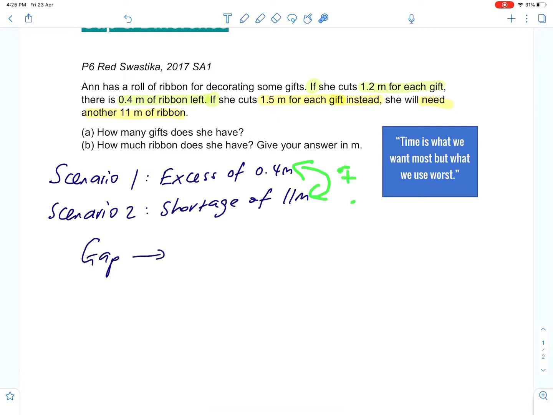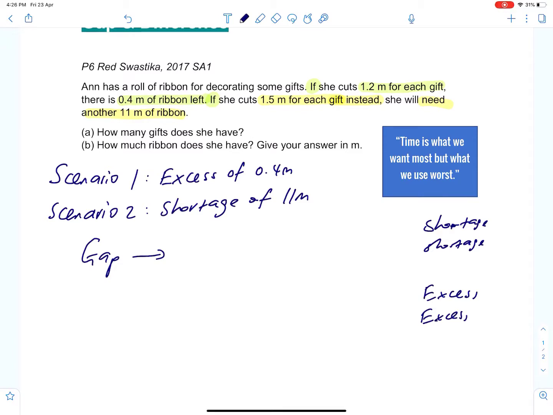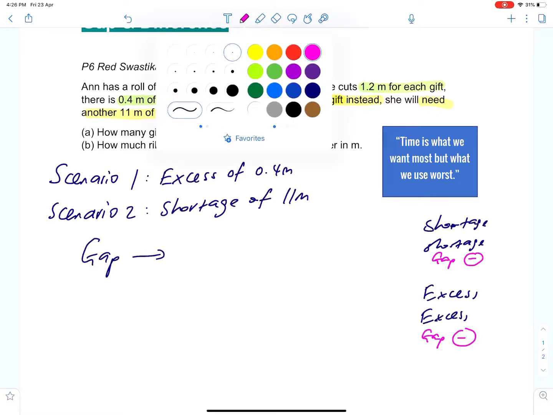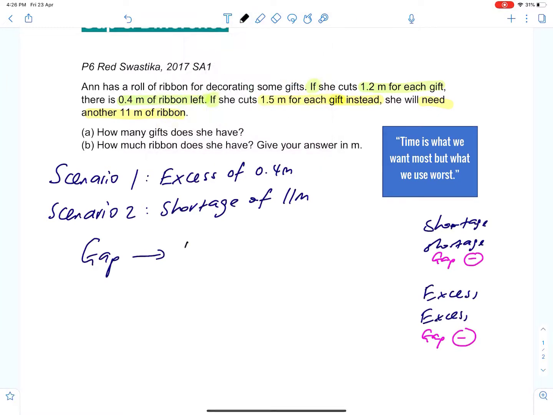But if both are shortage, or both are excess, then how do we find the gap? We have to subtract. Take the big value minus the small value. In this case, one is excess, one is shortage, so I have to add them up.